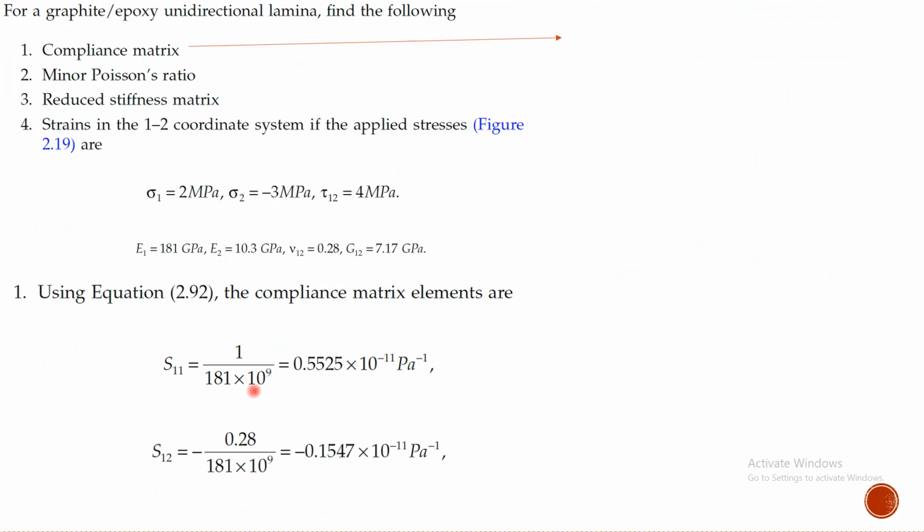Okay, if I use all the terms, S11 is equal to 1 divided by E1, so the E1 value is 181 gigapascal, or else 181 into 10 raised to 9, so that S11 becomes this one. Similarly S12 is equal to minus nu12, that is 0.28, divided by E1, so that it becomes the negative of that value.